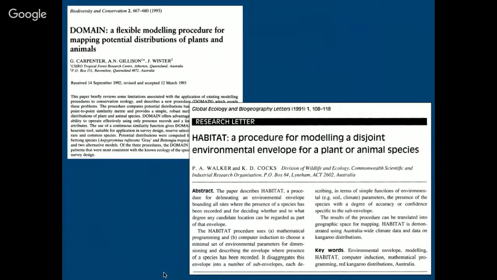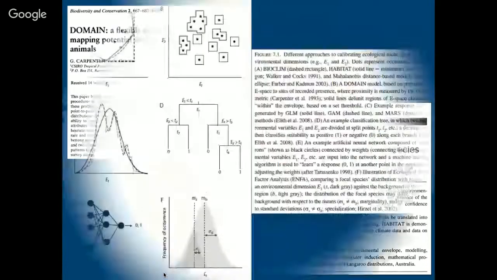So if we have temperature from 10 to 20 degrees and rainfall from 1,000 to 1,200 millimeters, then the niche model was simply the intersection of those two ranges. So earliest were a set of efforts to essentially refine those response shapes.